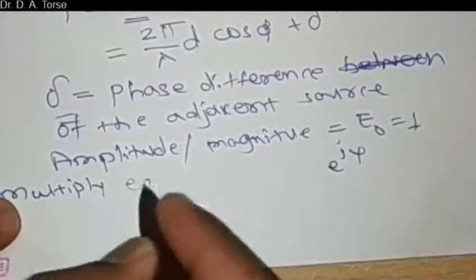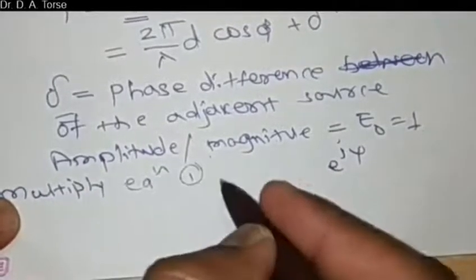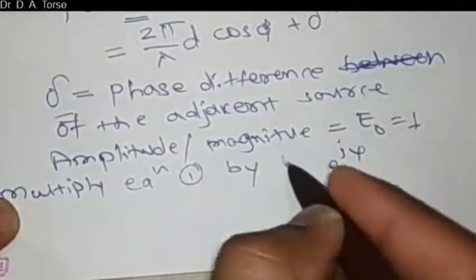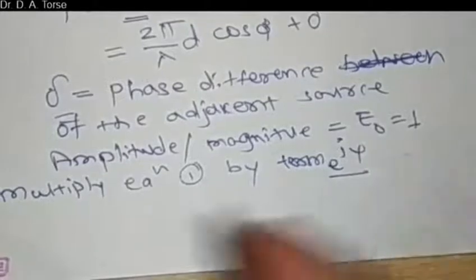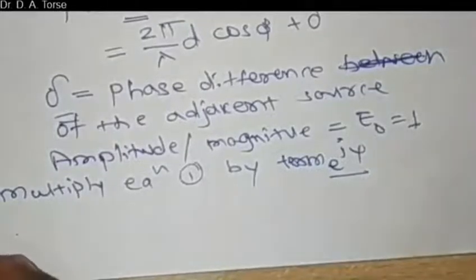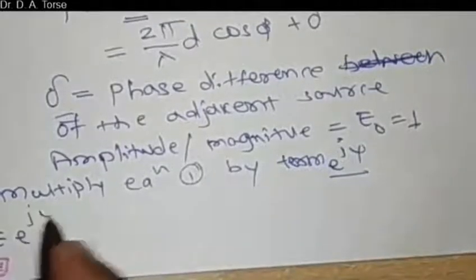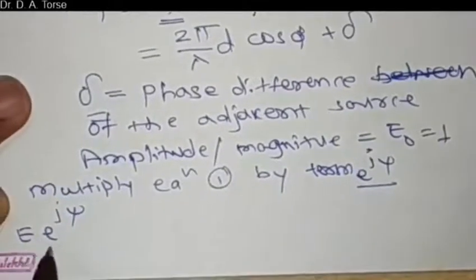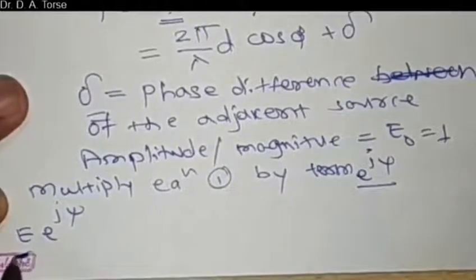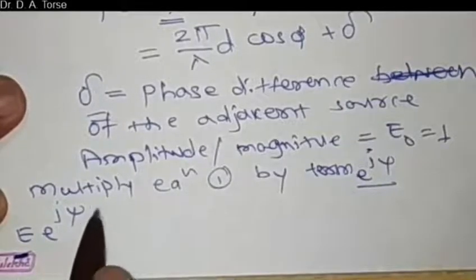Multiply equation 1 by the term e to the power j psi, which gives, here I don't write E total, I write only capital E, and e to the power j psi is the term we are multiplying.